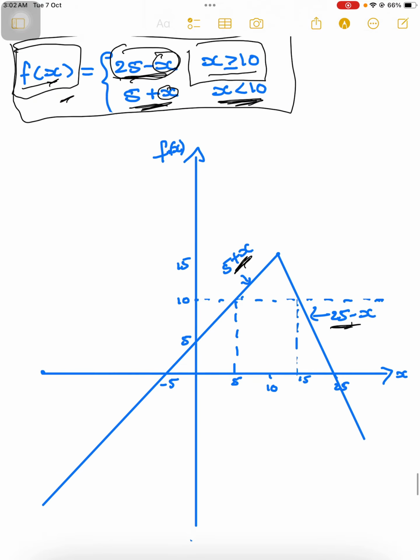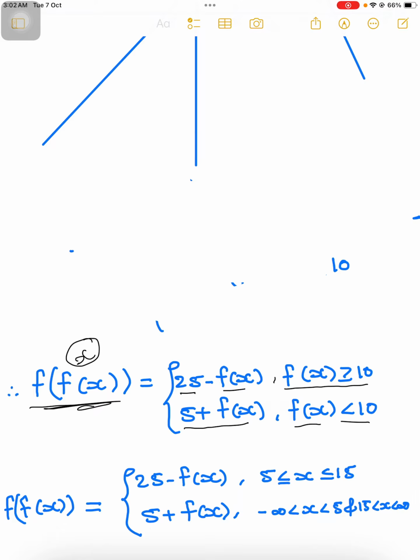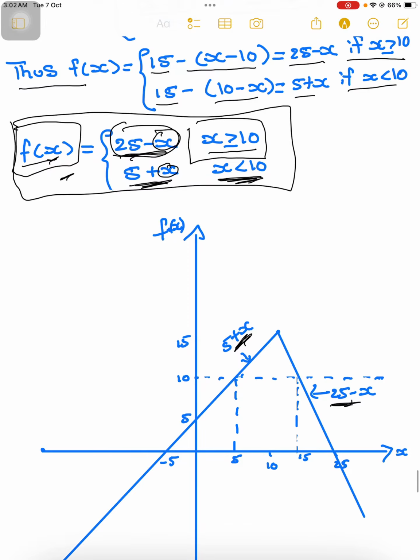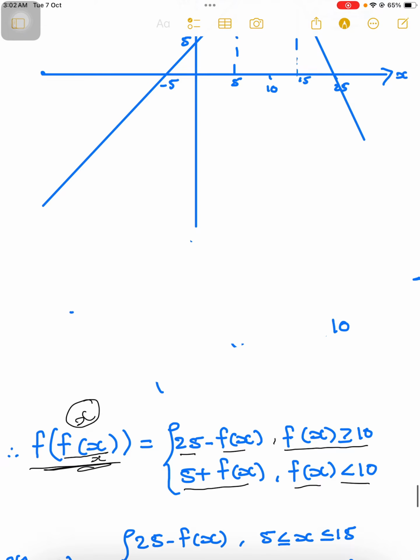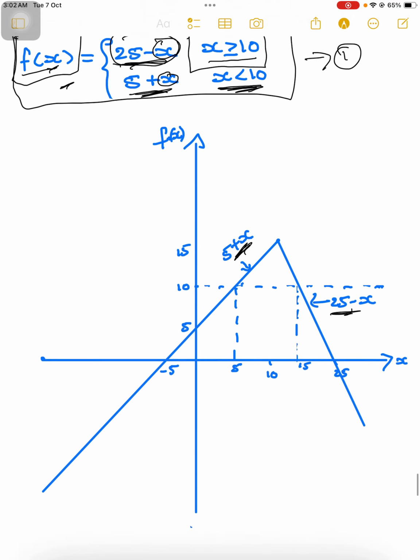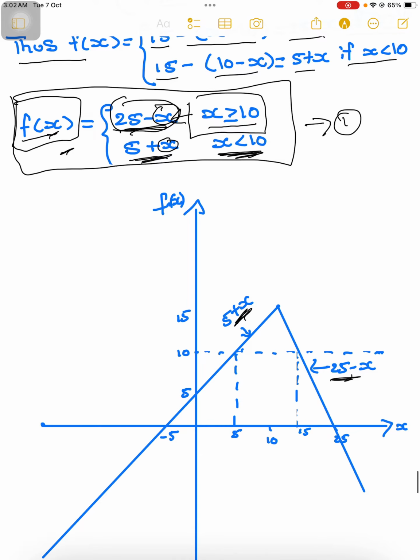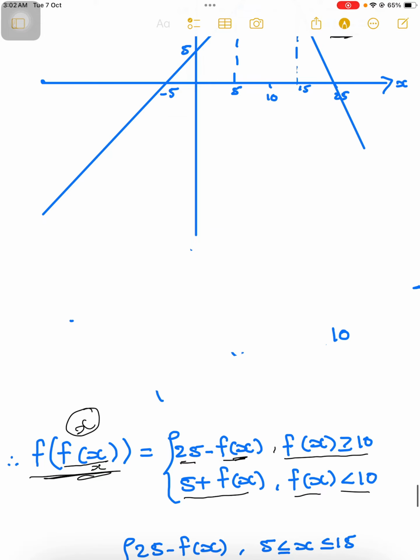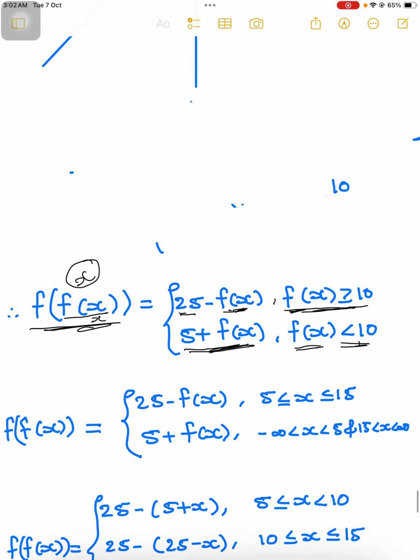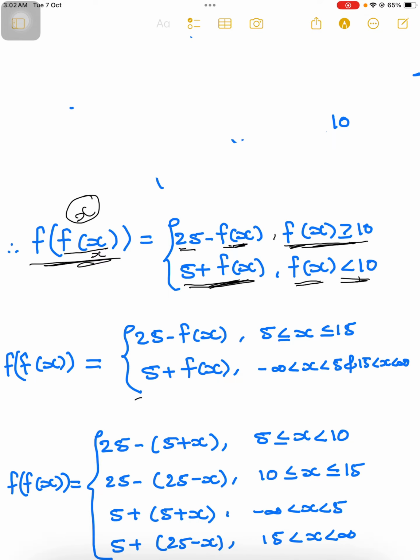I will give this as equation number 1. In place of x, write f of x. Therefore 25 minus f of x if f of x is greater than or equal to 10, 5 plus f of x if f of x is less than 10.